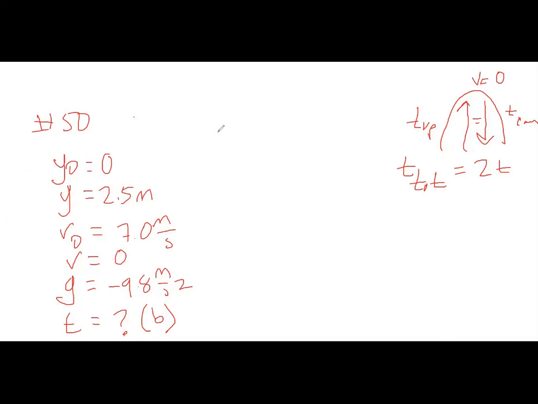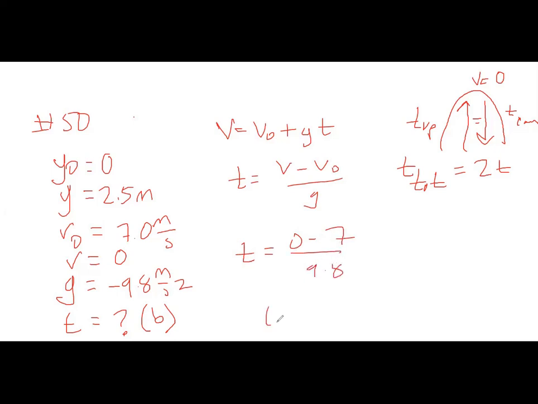We'll just use the easy formula. v equals v naught plus g t. t equals (v minus v naught) over g. t equals 0 minus 7 over negative 9.8, sorry. 0.71 seconds.